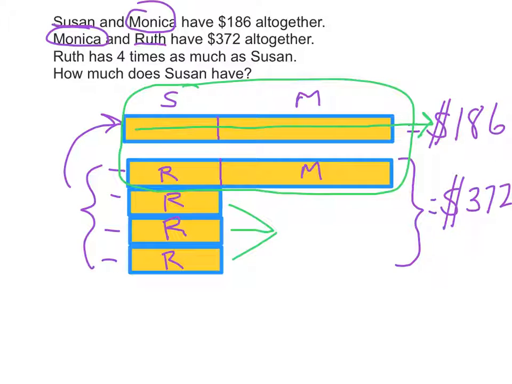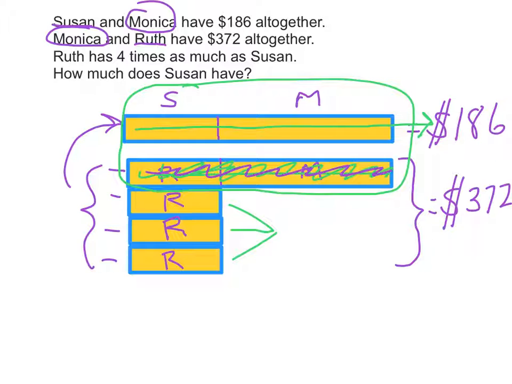And that must mean that this part here also is $186. So if we would get rid of that from this 372, then we would have these three left to talk about.